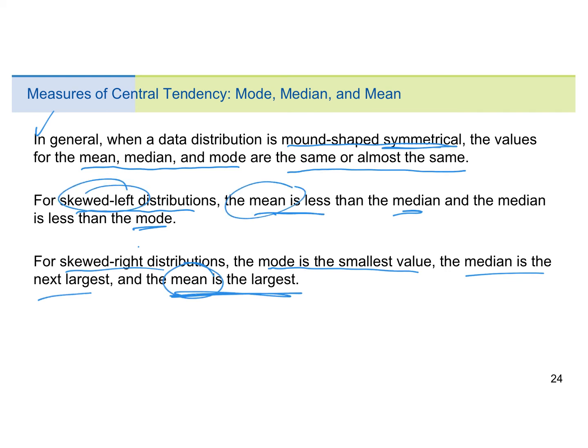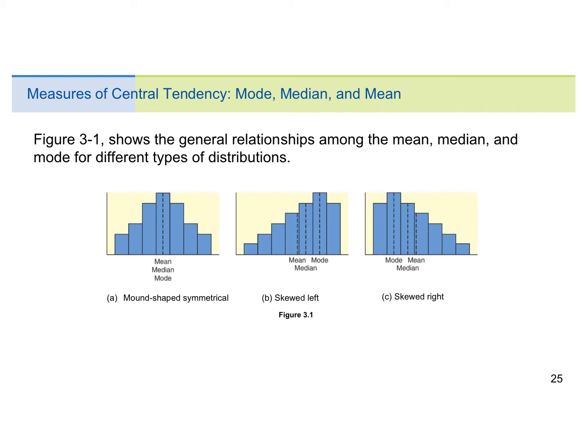Let me show you real quick here. So if it's symmetrical like this one right here, the measures of central tendency are going to kind of all be right smack dead in the middle. Mean, median, mode are going to be really, really close to each other, if not exactly the same. Now, skewed left, remember, when the smaller data pieces are over here to the left, it's called skewed left.